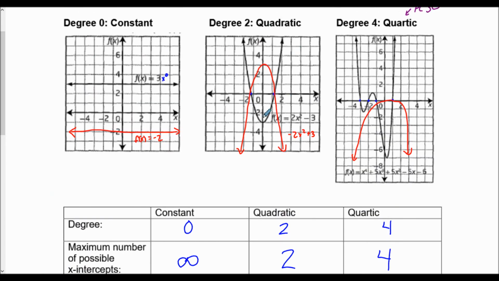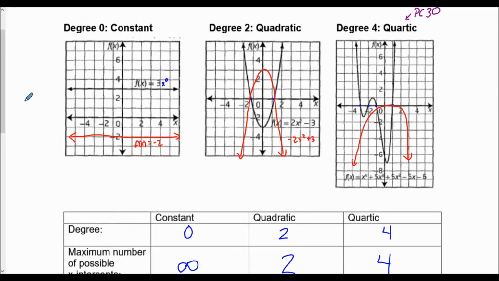Because on the positive quadratic, it'd be y's that are greater than or equal to negative 3. On the negative quadratic, it'd be y's that are less than or equal to positive 3. On the positive quartic, it'd be all of our y's that are greater than or equal to negative 7. On our constant term, it's all our y's that are equal to 3. So it depends on what the equation is.